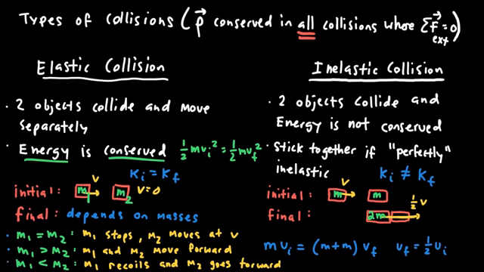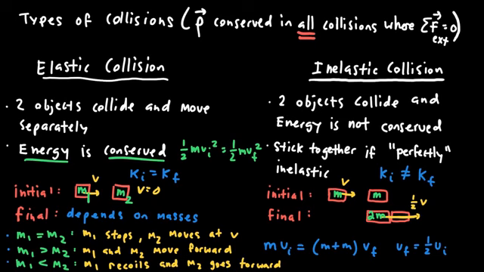And the third case is where the object that's at rest, m2, is actually heavier than m1. Although m2 is heavier, when m1 comes along and hits it, m2 will be moving to the right ever so slightly, probably not very fast. So m2 will go forward, and m1 will recoil back in the negative direction.